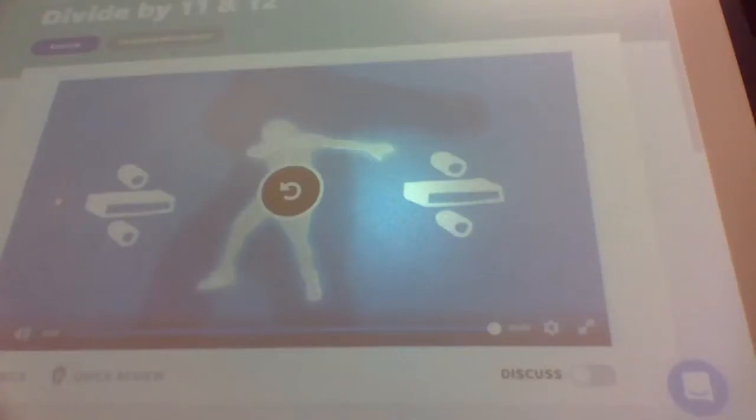All right, so you are going to fold your paper in half like a hamburger. Fold the paper in half.